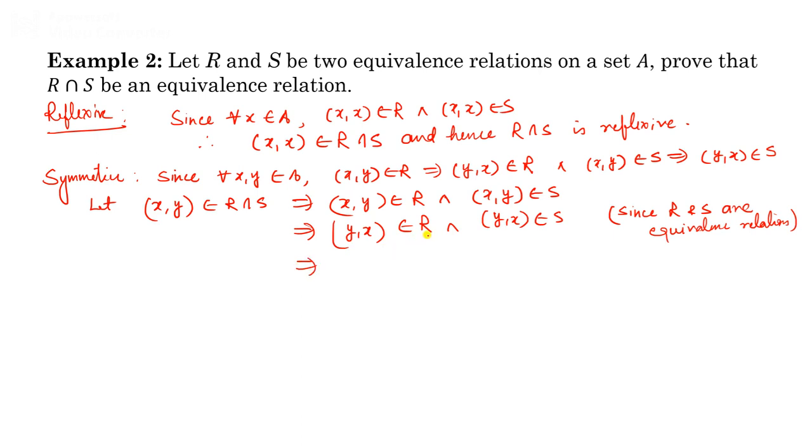Now (y, x) belongs to R and (y, x) belongs to S, so you can write (y, x) belongs to R intersection S. Treat these two intersections as different. So we started with (x, y) belongs to R intersection S, and now we have proved that (y, x) belongs to R intersection S. It means R intersection S is symmetric.